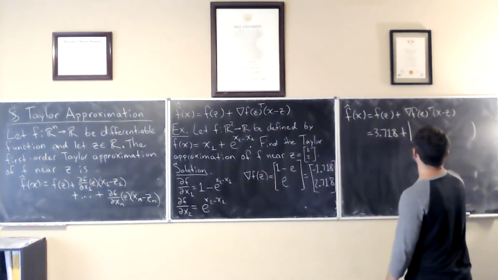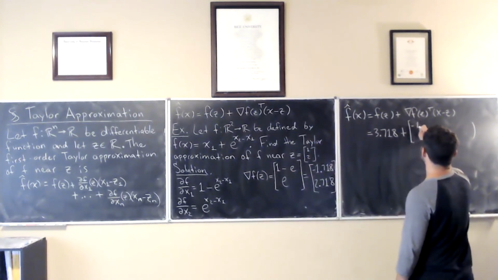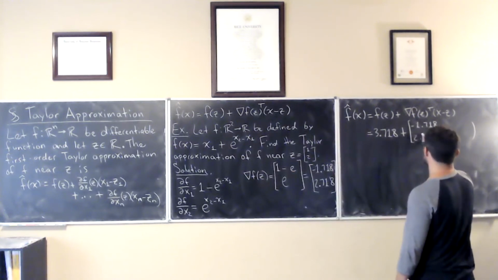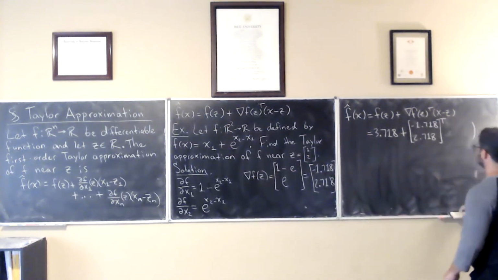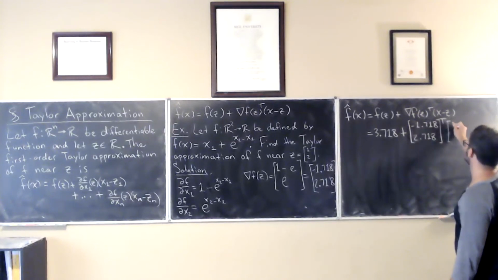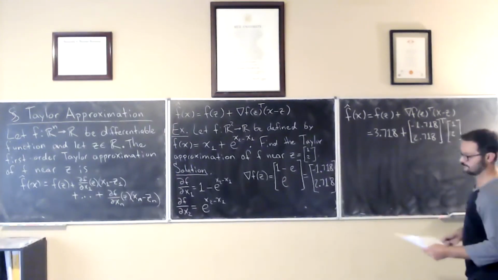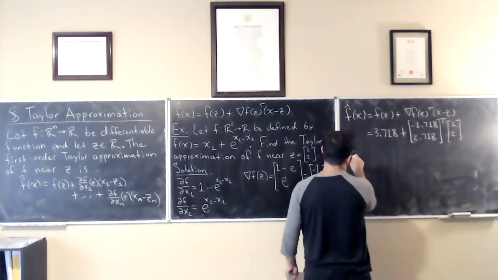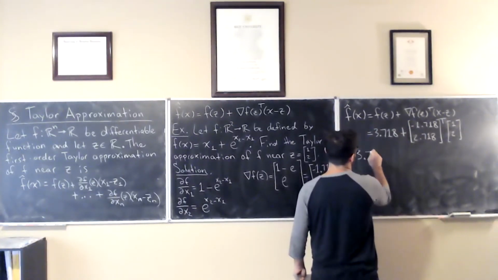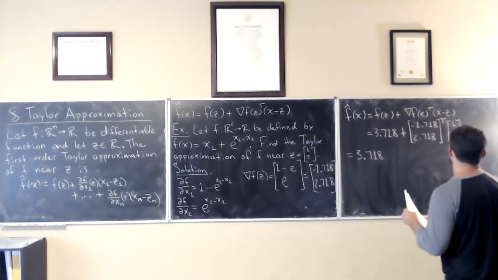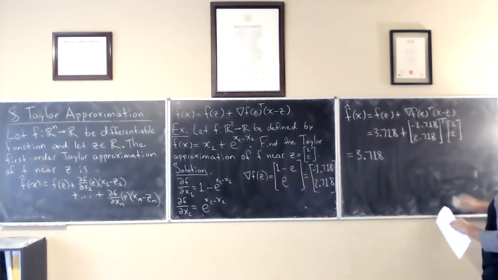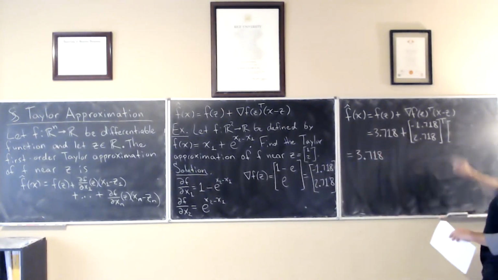So negative 1.718 and then 2.718 times, oh, what am I doing? X minus z.